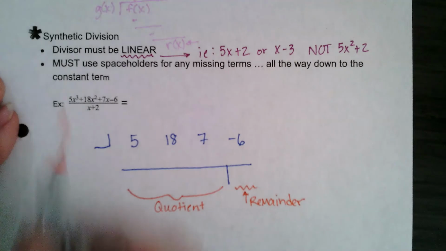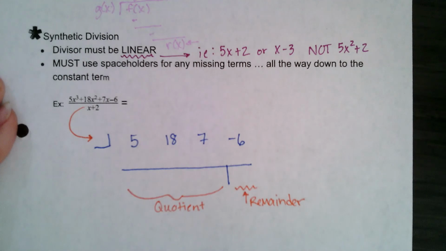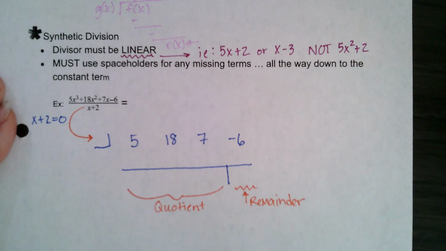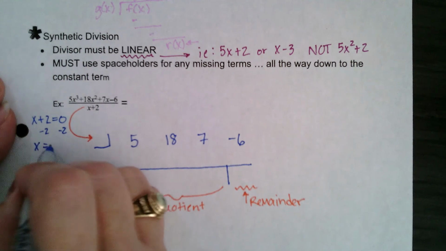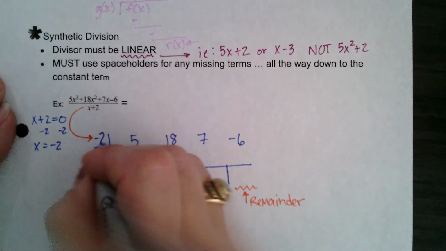So what I'm going to put into this little box has to do with my divisor, but I have to get what x equals. So I'm going to take x plus 2 equals 0, and then I subtract 2 from both sides. I get x equals negative 2. So what goes in that box is negative 2.